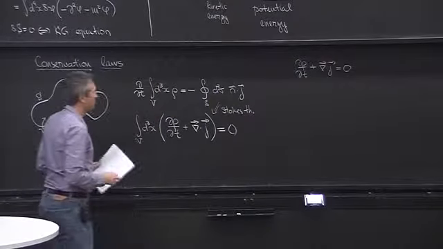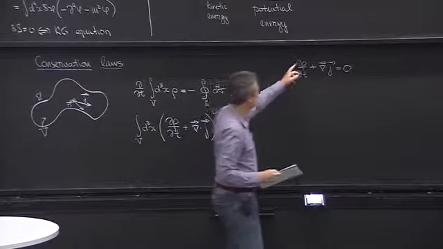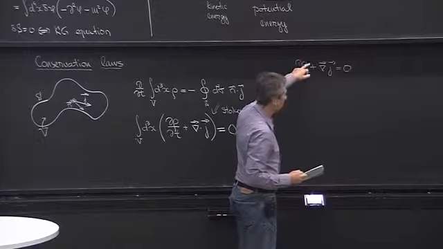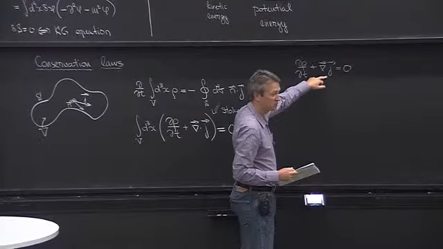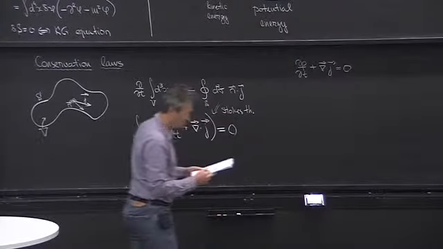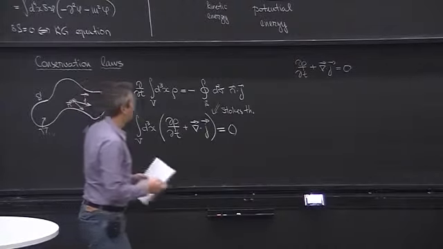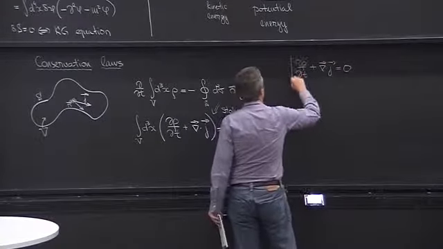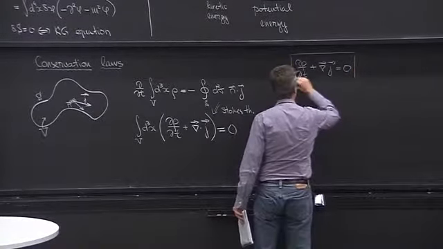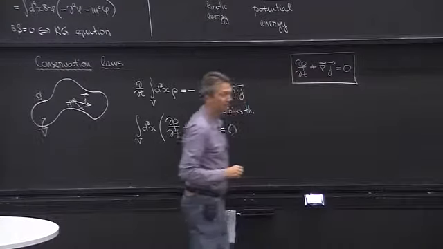It is a first order differential equation that relates the time derivative of the density with the divergence of the flux. So this is a universal equation. Conservation of anything can be written this way.